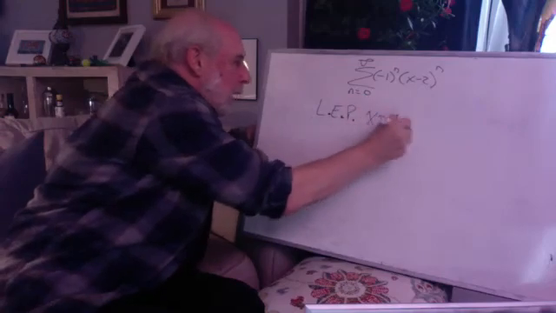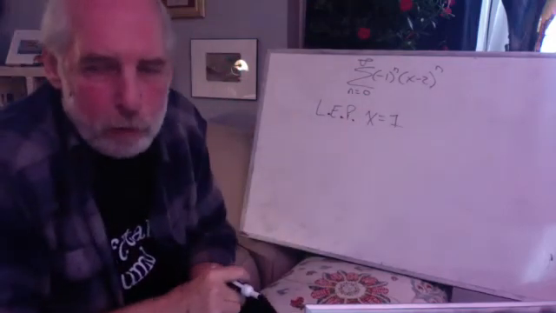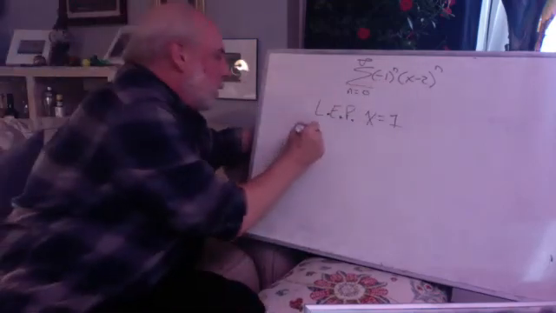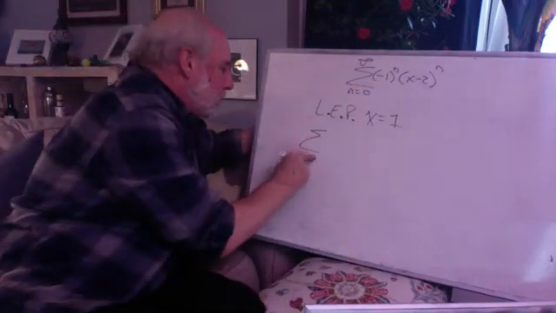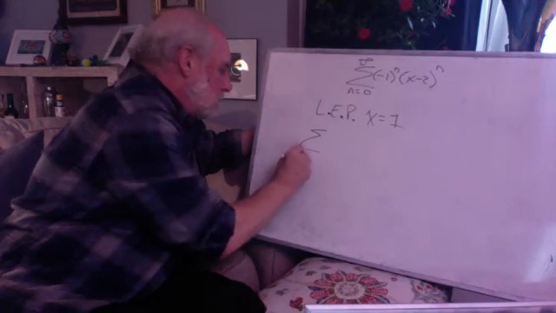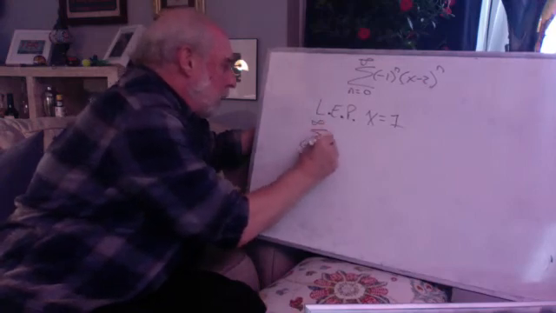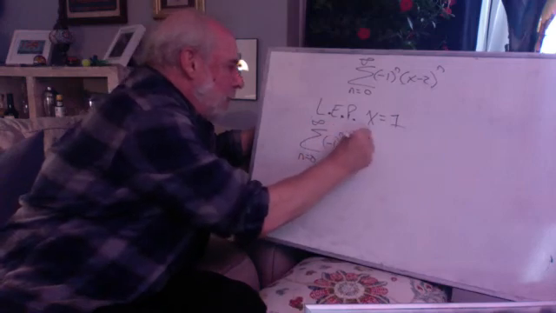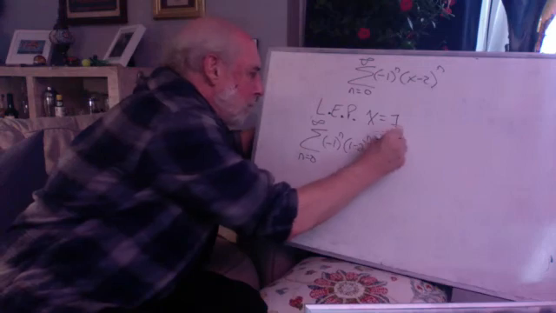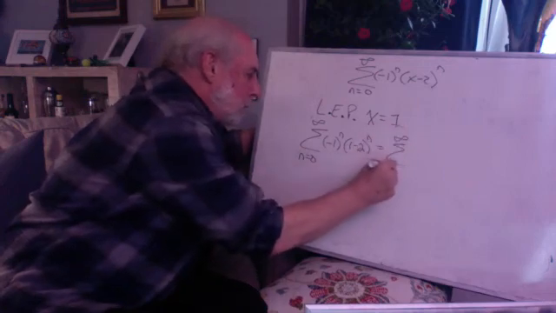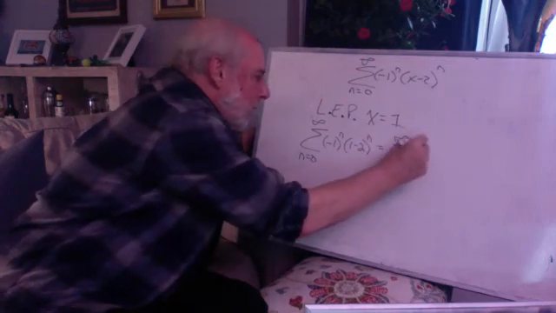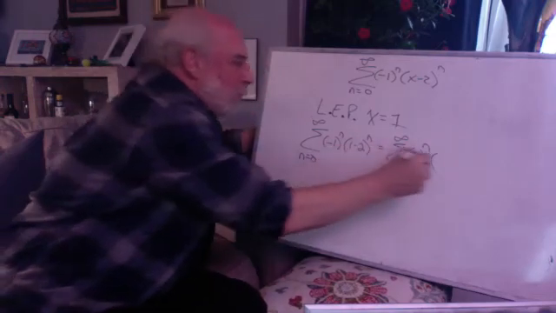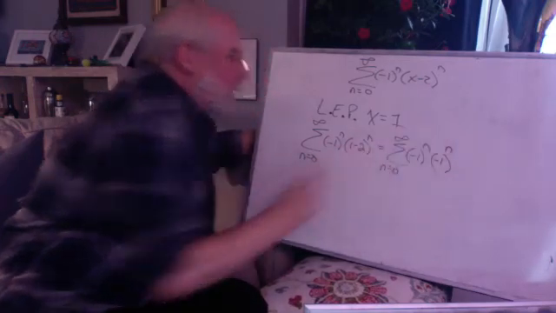So first we'll look at the left endpoint of x equals 1. So I'm going to put that in here. So that will give us (-1)^n, (1 minus 2)^n, and that will give me 0, (-1)^n, and 1 minus 2 is -1 to the n.